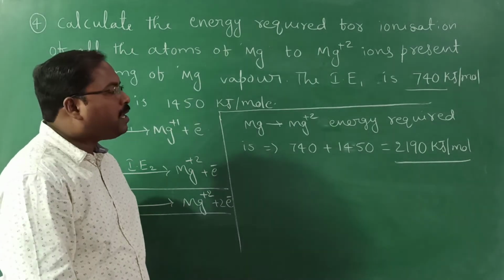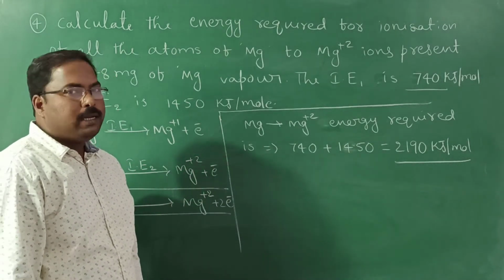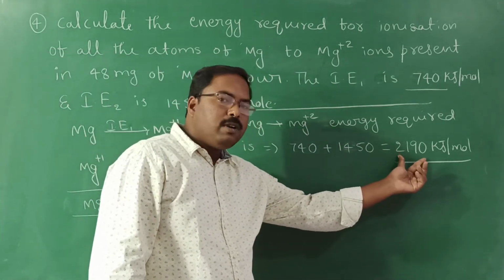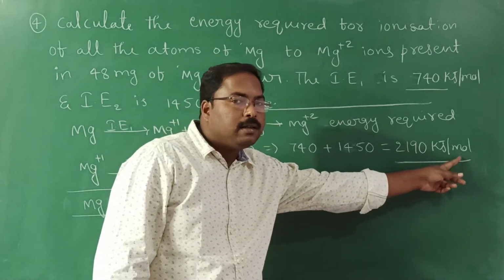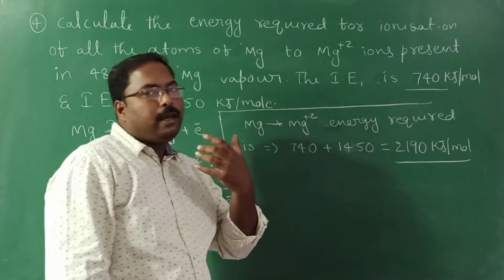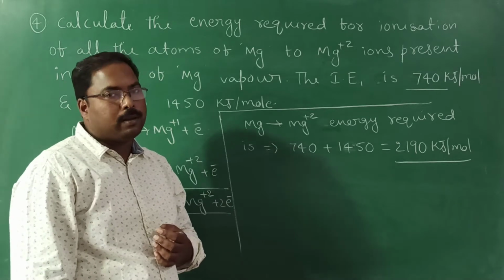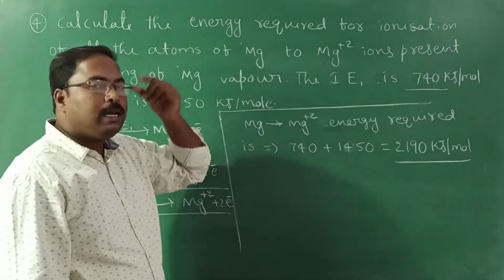So can we choose this option as the correct answer? No. Okay? Why is it the wrong answer? Because this is the amount of energy required per how many grams? It is per 1 mole. I think everyone has an idea about what is meant by mole. 1 mole is nothing but the atomic weight of that element.